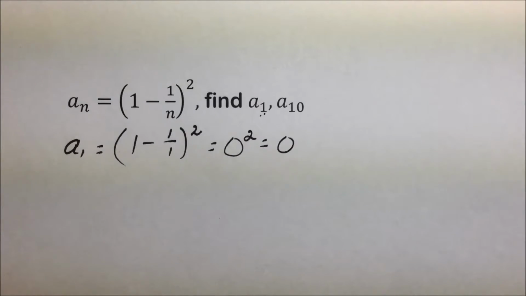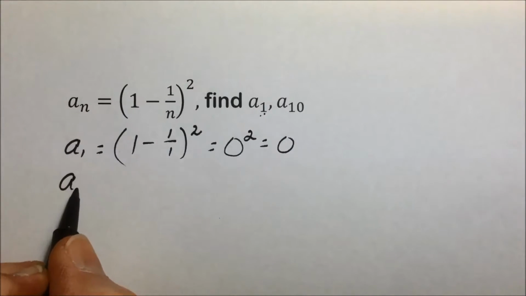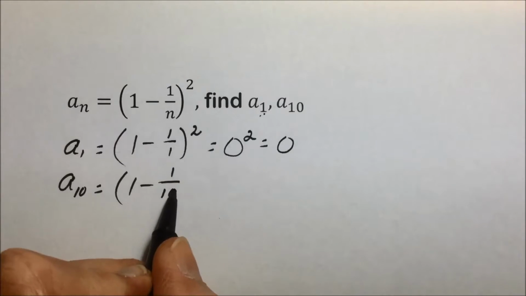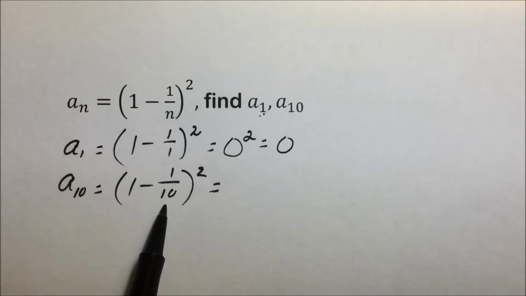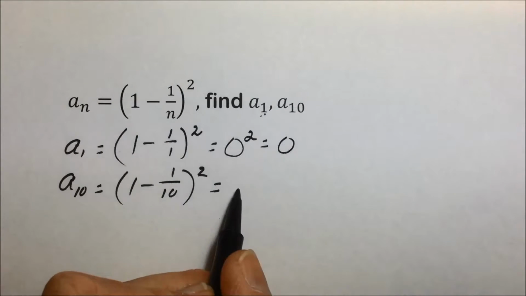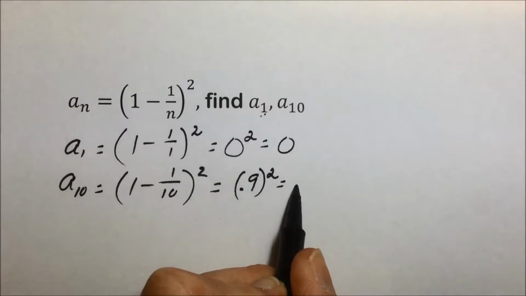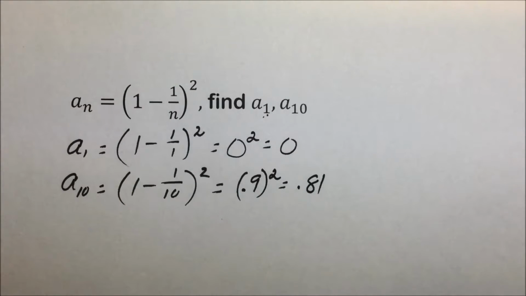So this particular sequence starts out with 0, and then they're asking us for the 10th term. So we will replace n with 10 and simplify. We have 1/10 when we do our division. 1 minus 1/10 leaves 9/10. That is going to be squared, which results in 81 hundredths.